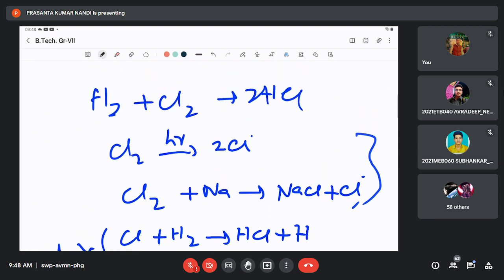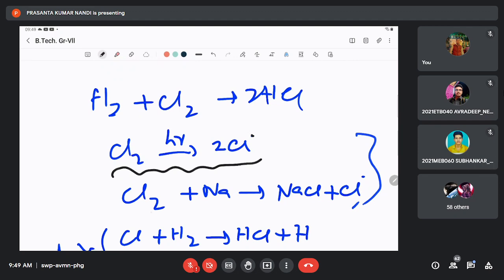Of course, at the very beginning, the chlorine free radical may be generated by dissociating chlorine thermally, or in presence of light with a definite photon, chlorine may dissociate to produce chlorine radical.